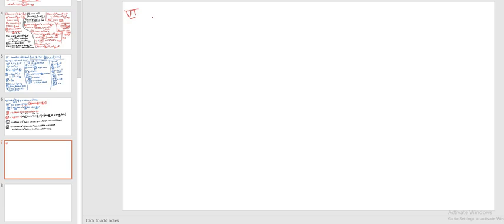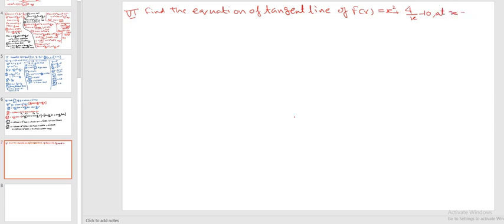Find the equation of tangent line to the graph of f(x) equal to x² plus 4 by x minus 10 at x equal to 8.